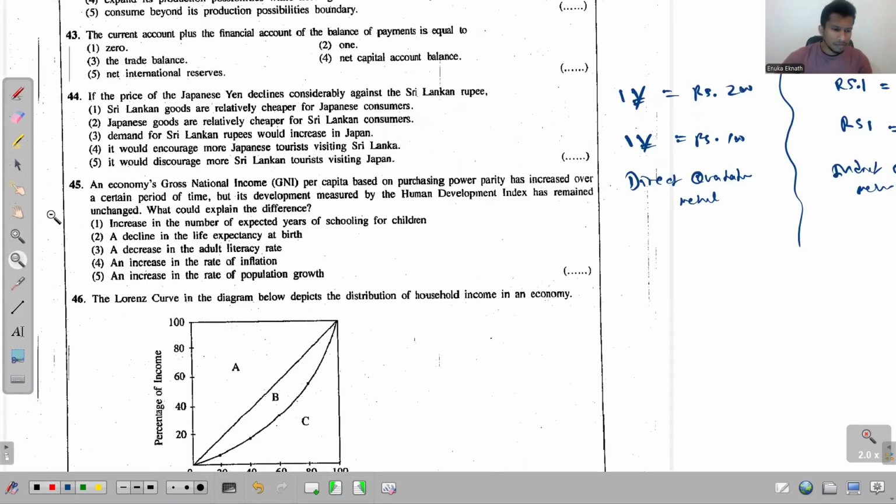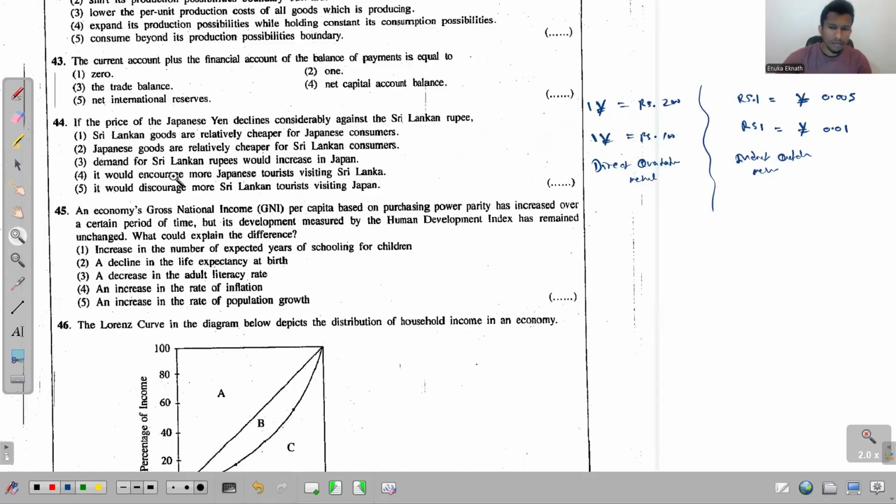Right. Now look at this one. Sri Lankan goods are relatively cheaper for Japanese consumers. See that now? Imagine that the Japanese consumer imported, I mean simply Japan imports Sri Lankan products, and the value of the product, let's assume that to be just 1 rupee. Previously, they just paid 0.005 yen to purchase that thing.